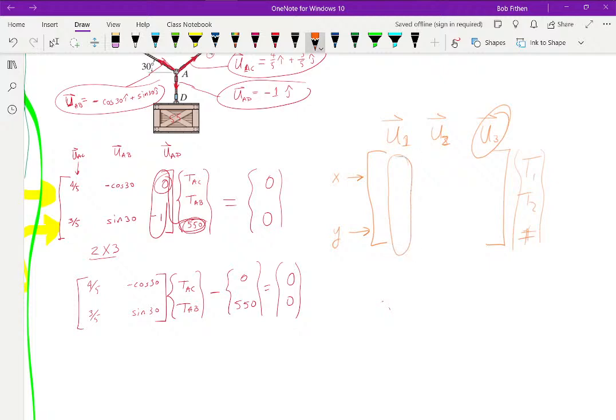Turns out what you do is you list the unit vectors vertically. I keep calling them base vectors, but list the unit vectors vertically.